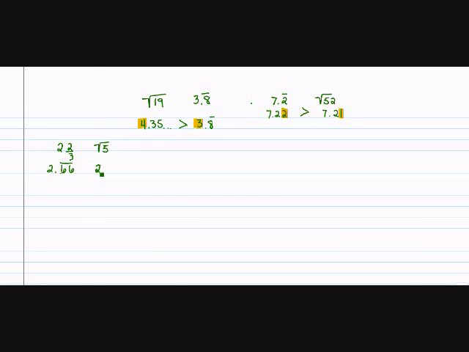Now, my whole numbers are the same, 2 and 2, so I look at my tenths place, 6 and 2, and I ask myself which one's smaller, because that's the way I'm going to point the arrow. And that's all there is to it.